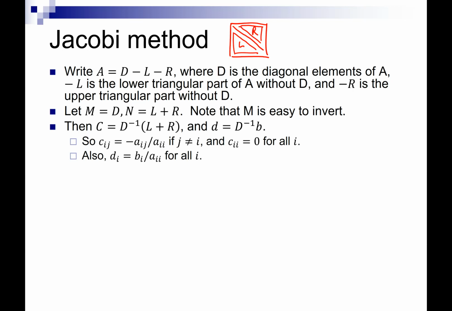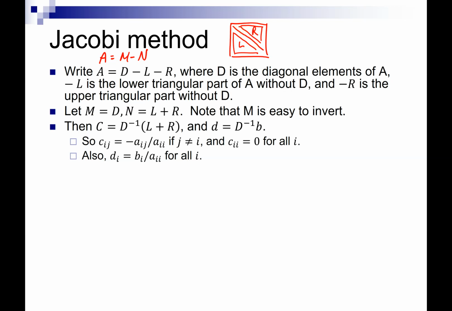Now we're going to set M to be just the diagonal elements, D, and for N, we're going to set that equal to L plus R. In that case, we have A equals M minus N. And we wanted to make sure that M inverse is easy to compute, and this is true because if M is just the diagonal elements, then we can easily compute the inverse by taking the inverse of all the diagonal elements.